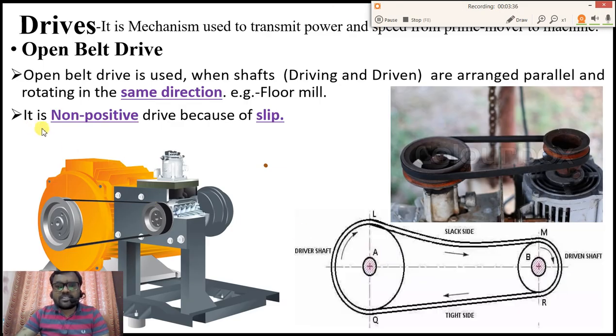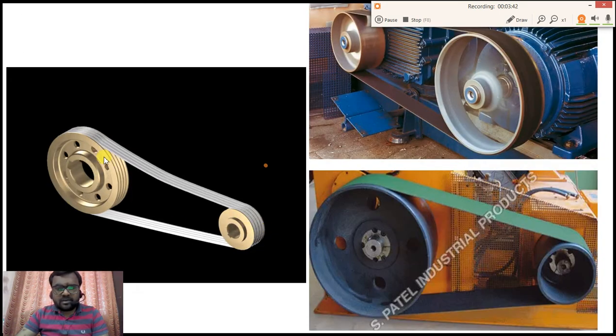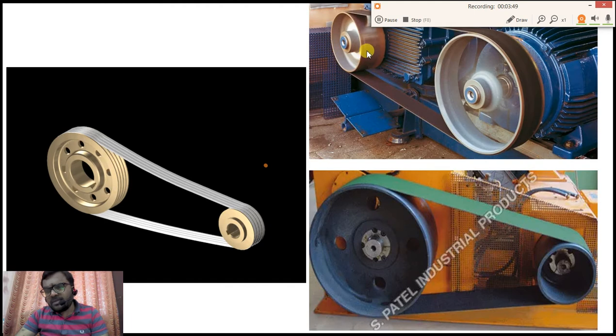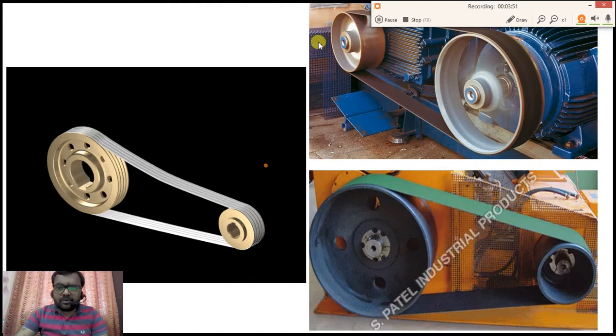So why it is called as non-positive drive? Because whenever belt is rotating, now you can see here if pulley is flat, there may be a chances of slippage of belt from the pulley.